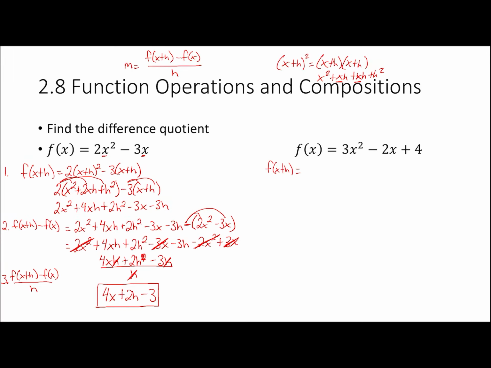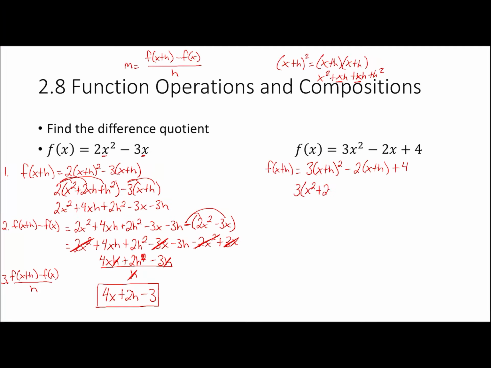Okay, so if we do this one again, we're going to find f of x plus h. That's our first part. And so we're going to take x plus h and put it in place of x in function f. So we're going to put x plus h there, minus 2 times x plus h plus 4.